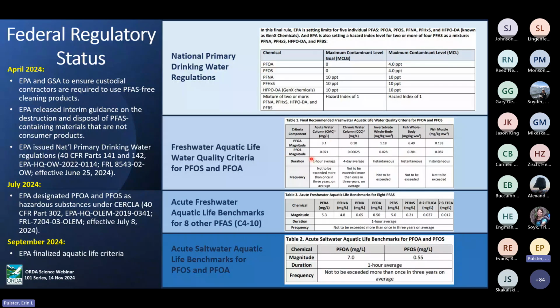So here we're looking at the acute water concentration in the water column for PFOA is about 3.1 ppm. And also the aquatic life benchmarks for 8 additional PFAS have also been released. These are also in the ppm range. And there's also now acute saltwater aquatic life benchmarks, and these are also in the ppm range.